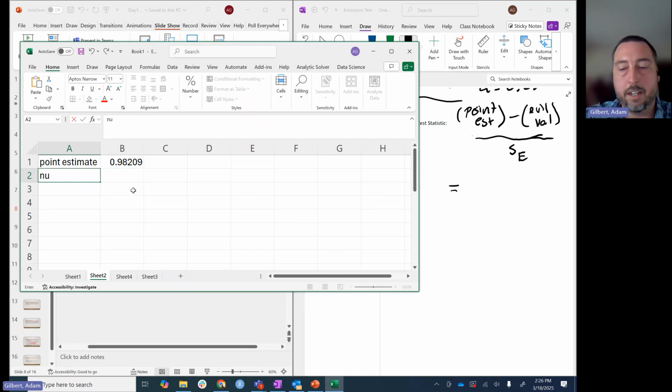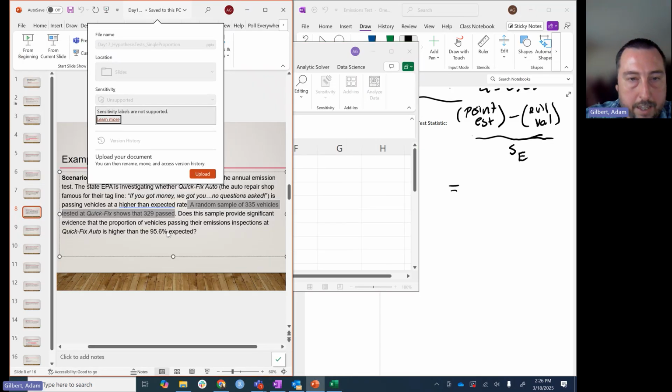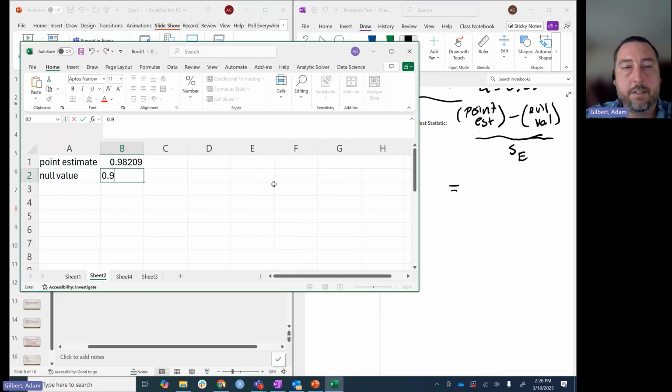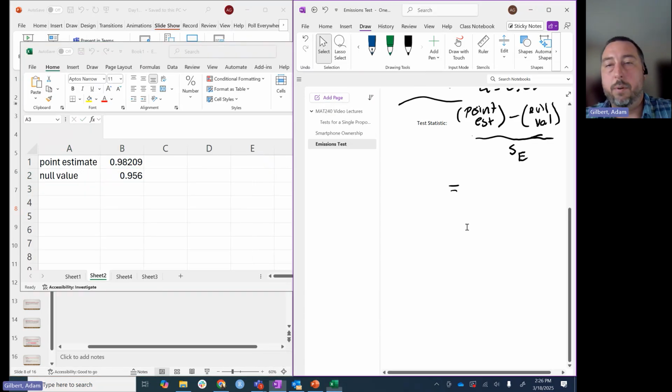While we're here in Excel, we can give our null value. Our null value was 0.956, I think. Yeah, 95.6%. And so we can drop those into our test statistic formula here.